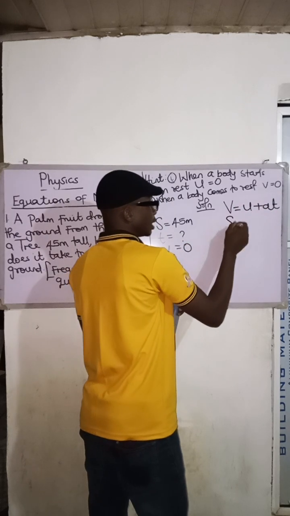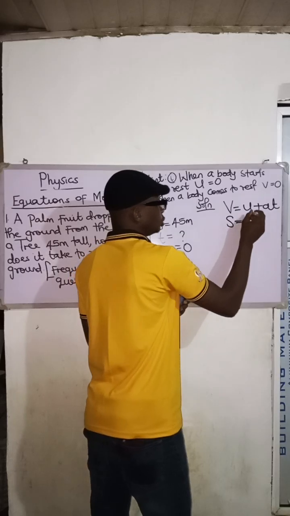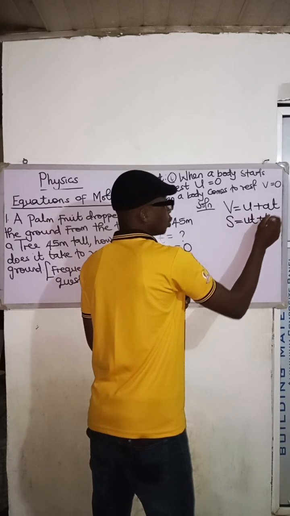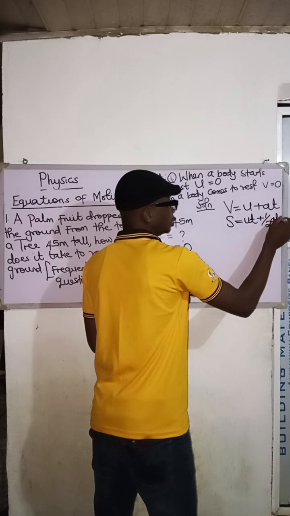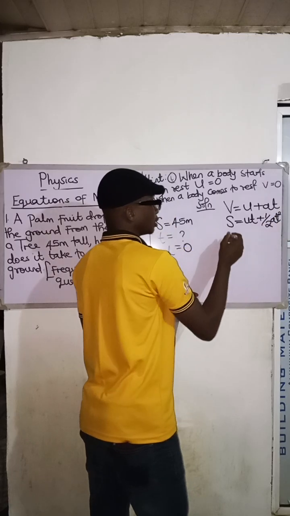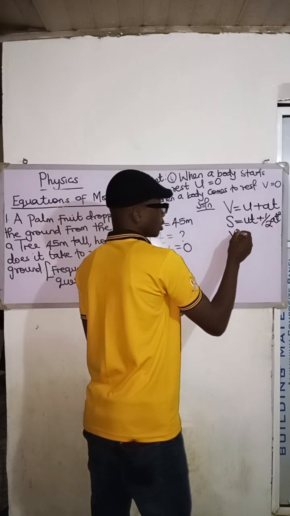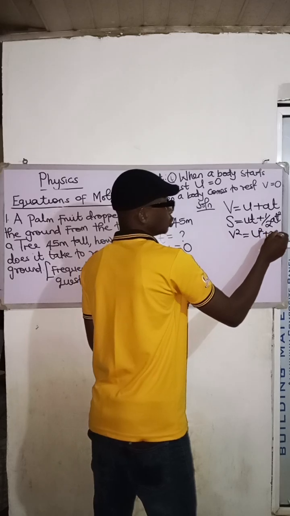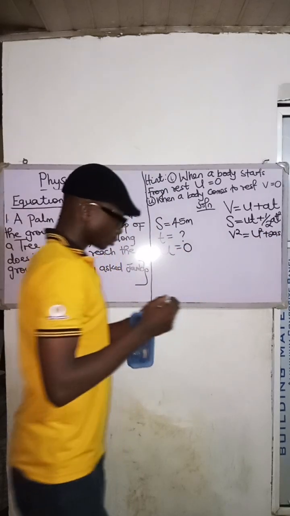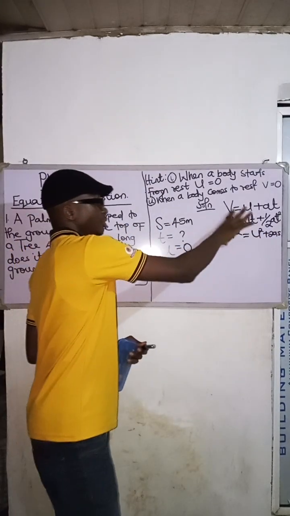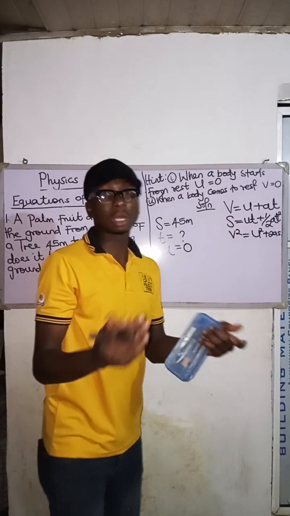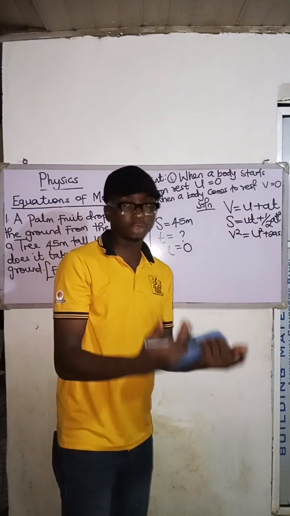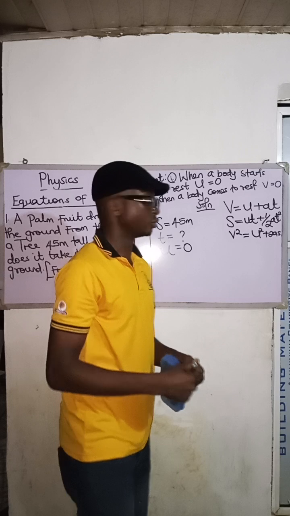The second, S is equal to UT plus 1 over 2 AT squared. And the third, which is V squared, is equal to U squared plus 2AS. Please, these are the 3 equations of motion. You don't need to cram them, but when you solve more questions on them, it becomes inside of you.